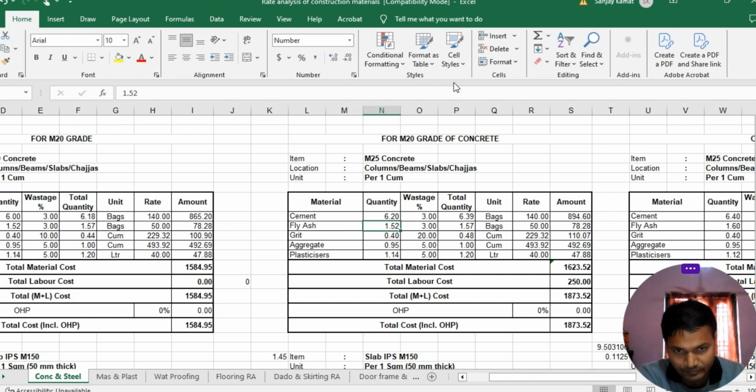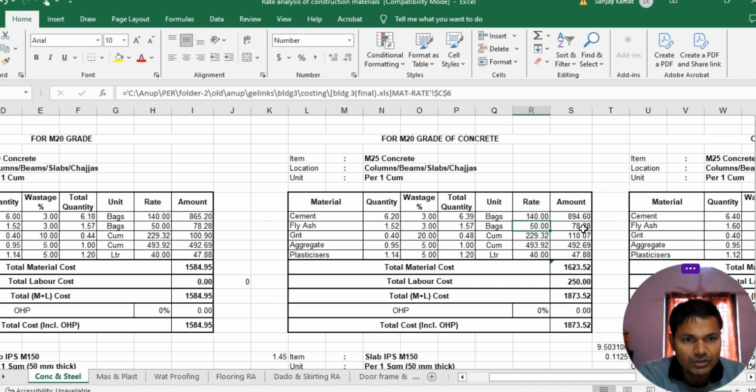Now the quantity we have taken is 1.52, and how much percentage is wastage here? The wastage percentage of the fly ash is 3%. Similarly, total quantity we have taken is 1.57 bags, and the rate of the fly ash is 50.